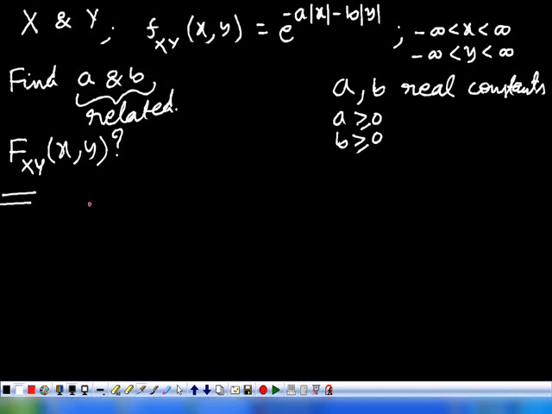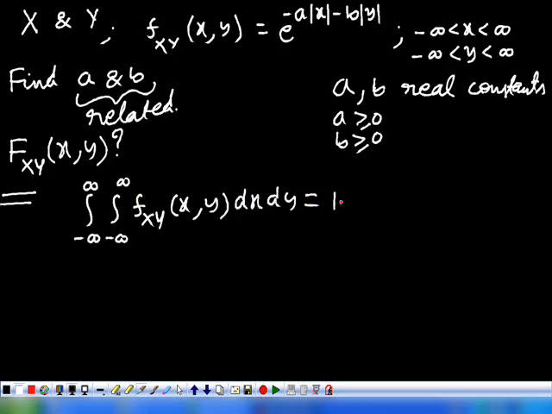So how can you do it? We already know that the volume under the joint density function is equivalent to 1. That is, the integral from minus infinity to plus infinity of fxy of x comma y dx dy is equivalent to 1.